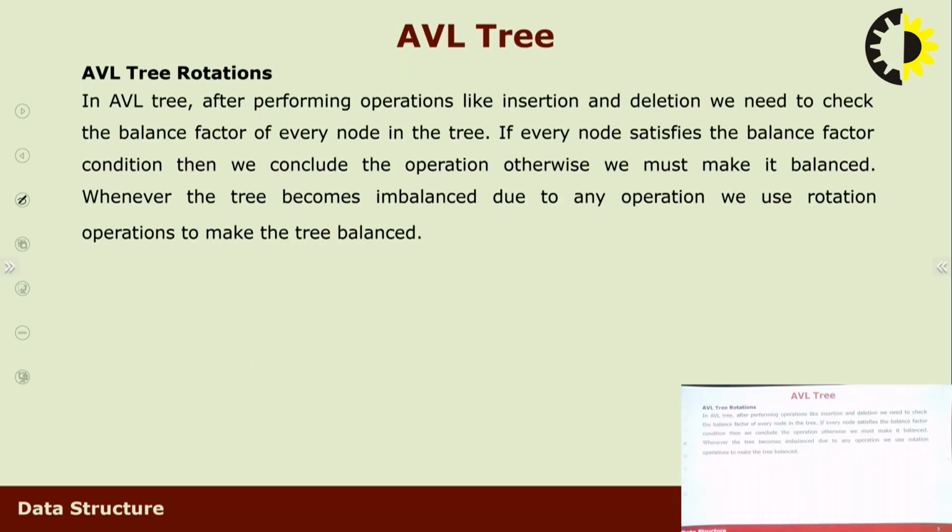Now to balance the tree, we apply different kinds of rotation as per the requirement. A tree will be unbalanced if we are inserting a new value or we are deleting some existing value. In that case, the tree can be unbalanced. Now to balance that tree, we will apply different kinds of rotation.